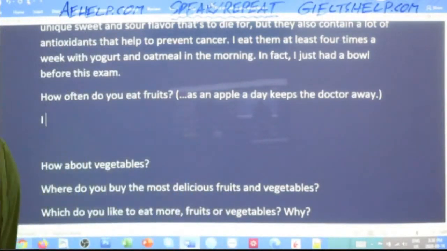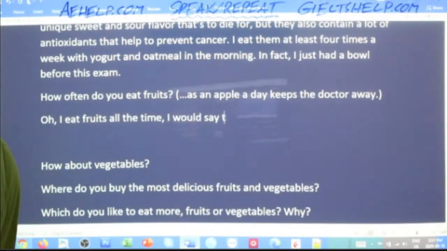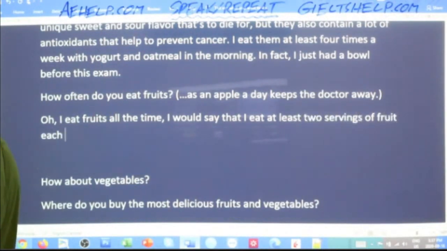So, I eat fruits all the time. I would say that I eat at least 2 servings of fruit each day, as this keeps me fit and energized.